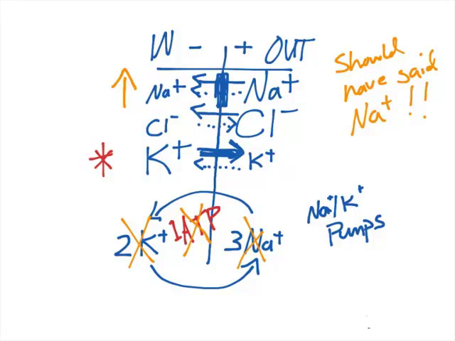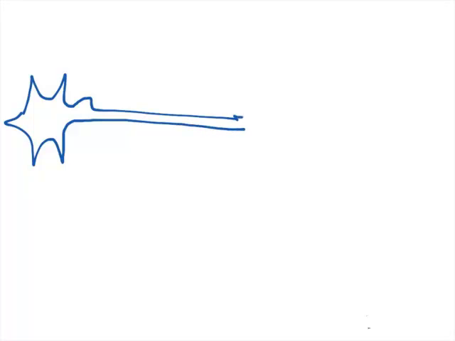Okay, so let's go back to my cartoon neuron here. And let's say I need to send information from this neuron to another neuron. Now, you'll notice that I drew a little bump here. I did that on purpose.